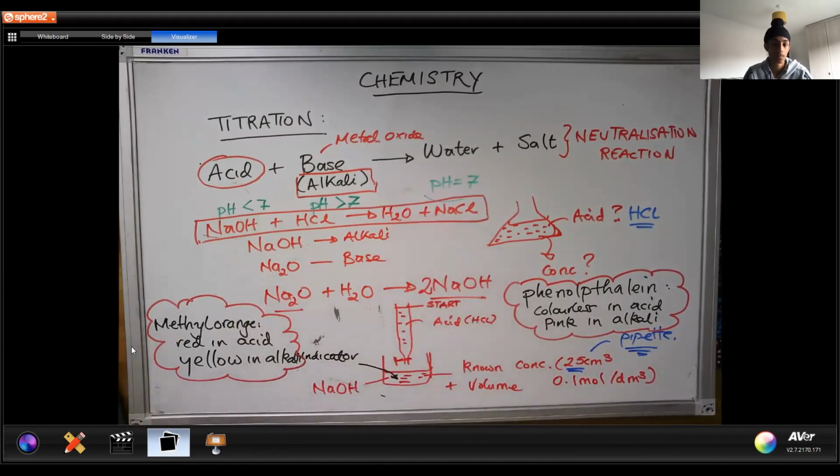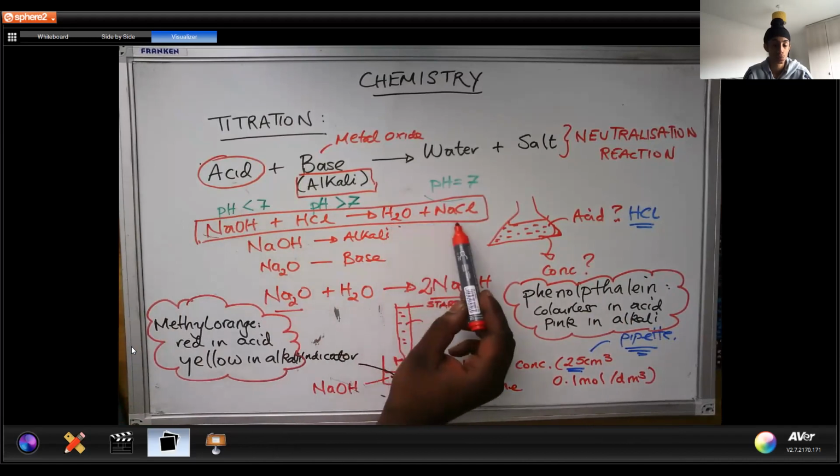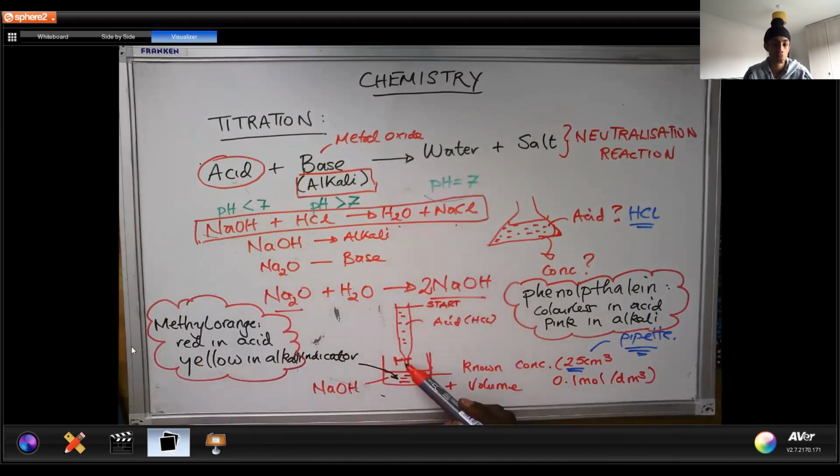Are you following me so far? Yeah. Okay. So once all the sodium hydroxide has been used up, all I have is water and sodium chloride. The moment I then add an extra drop of acid, that is going to change it from pink to colorless. And at that point, I know that all the sodium hydroxide has reacted, and I call that point an end point.